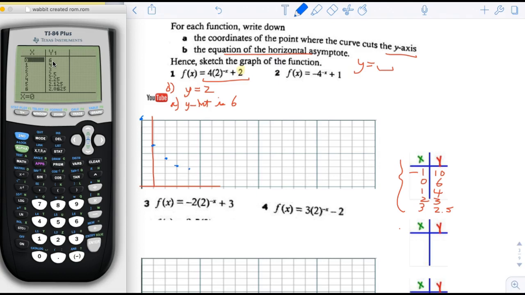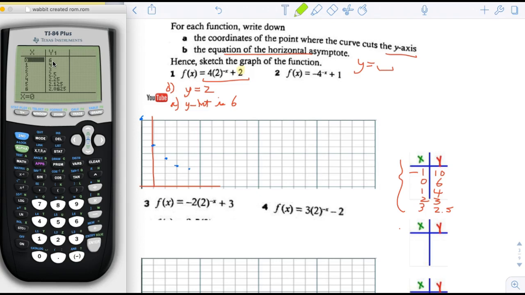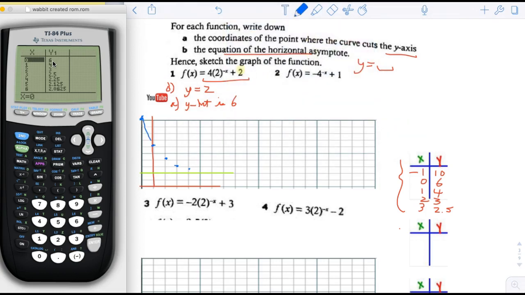And then our asymptote, which you're going to draw with a dotted line, is y equals 2. I drew it with a green line, but you're going to draw it with a dotted line normally. Okay, there you go.